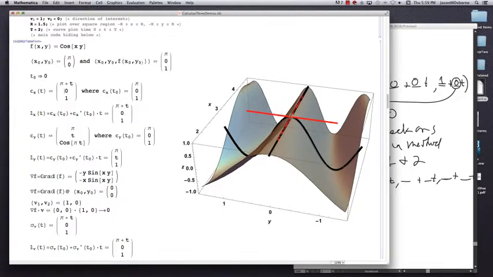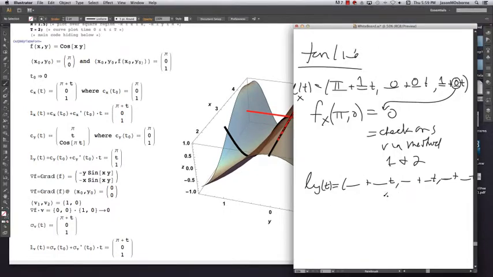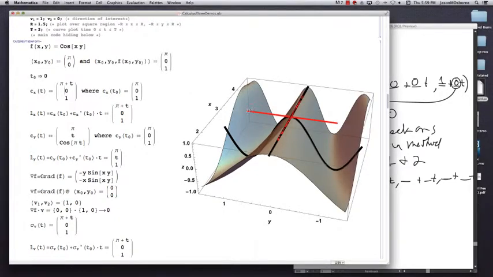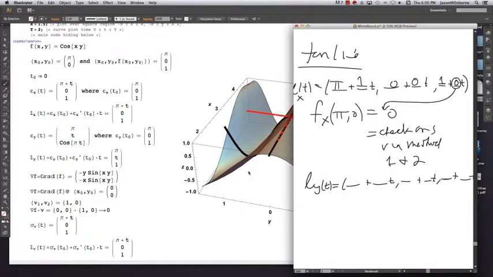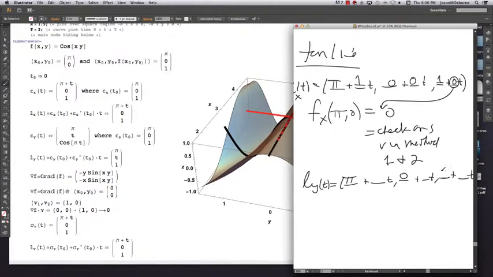This one, our tangent line. We can see that it looks like this. What is its equation? Well, we can see that the line in the y direction goes through the point at t equal to 0, pi, 0, 1. That's the point that it goes through.